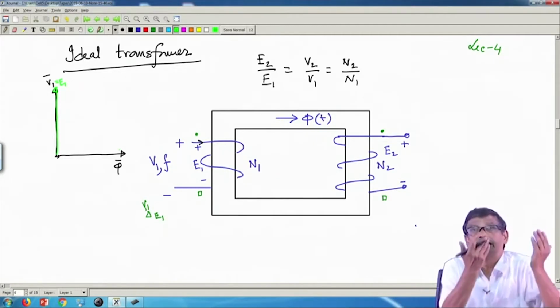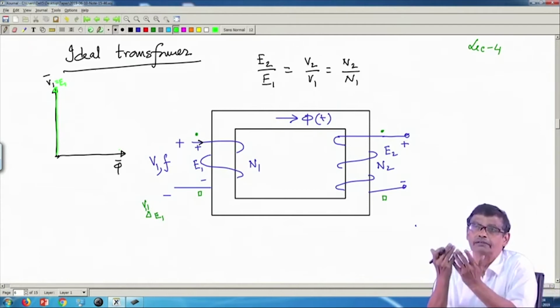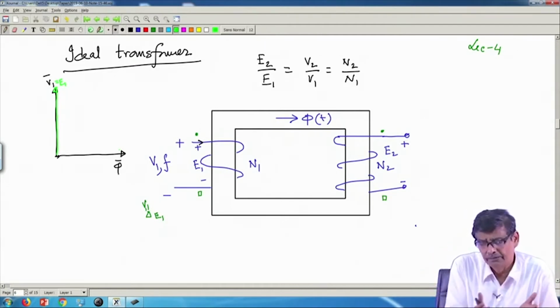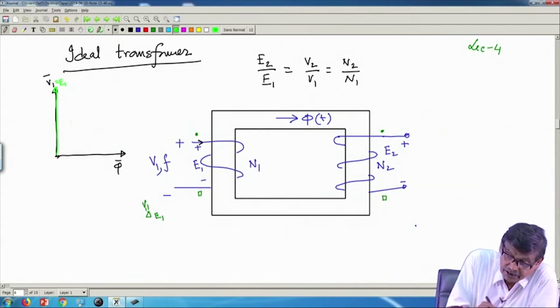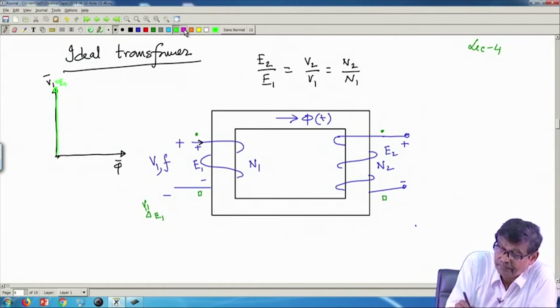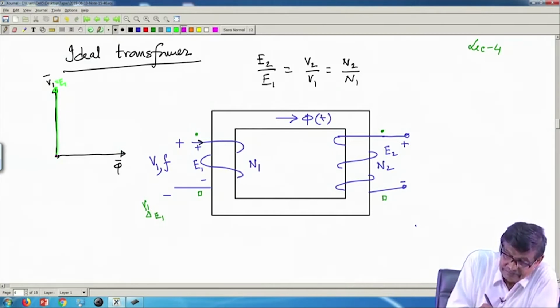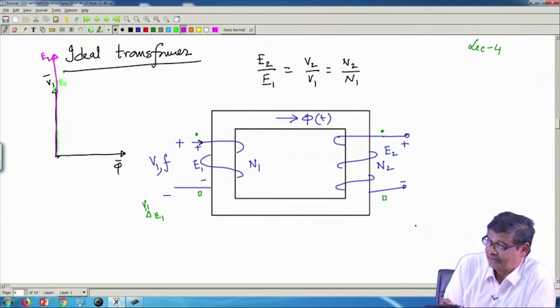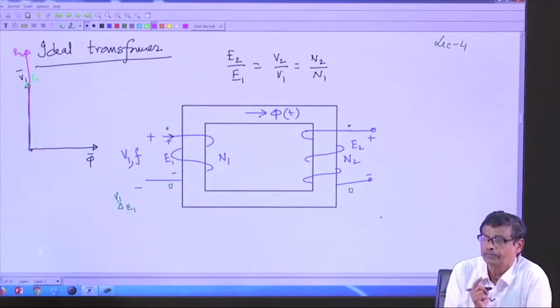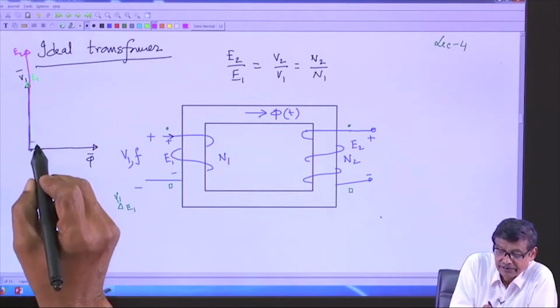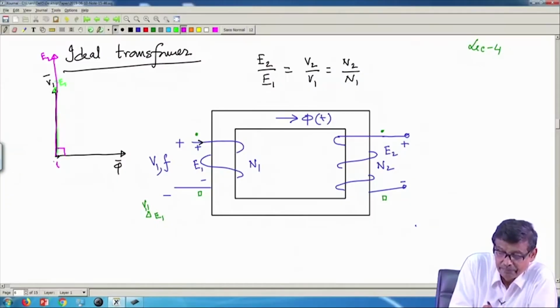When V1 attains maximum, E1 attains maximum. So, I will draw like that. Similarly, E2 will be along the same lines, its length may be different depending upon N2 being greater than N1, and this angle will be 90 degrees. Im, the magnetizing current, is vanishingly small.